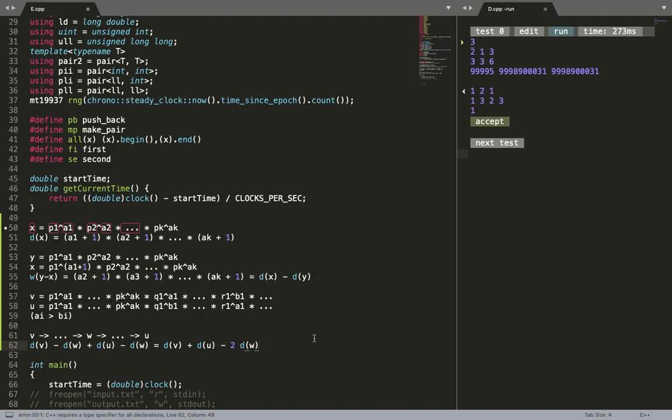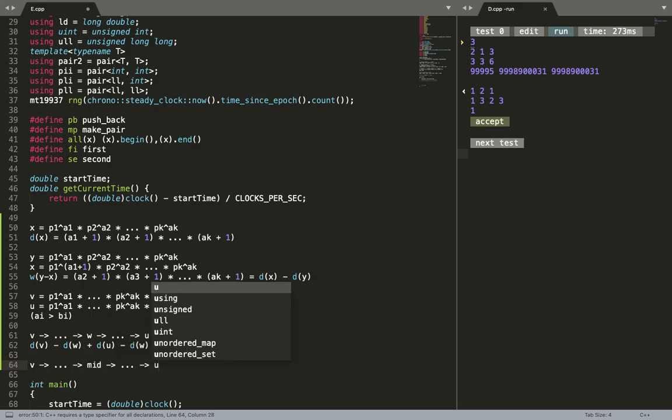So there should be some middle point, and for that middle point the formulas are correct. So the shortest path from v has some path to some middle point, and then we go to u.